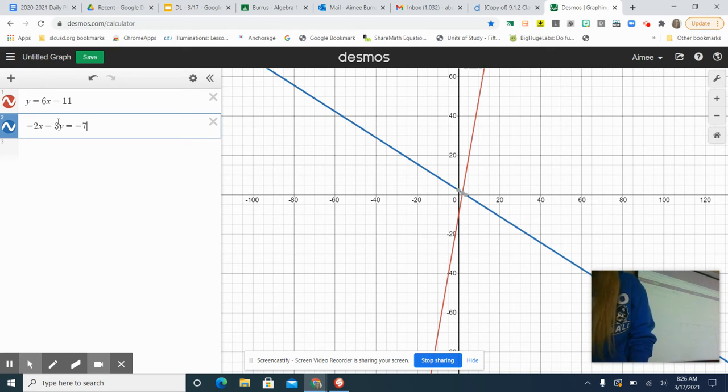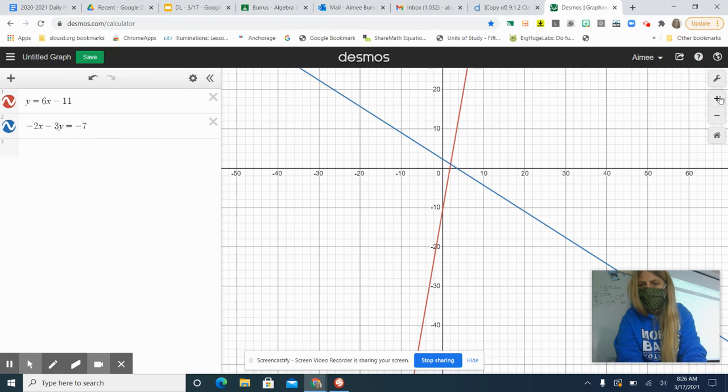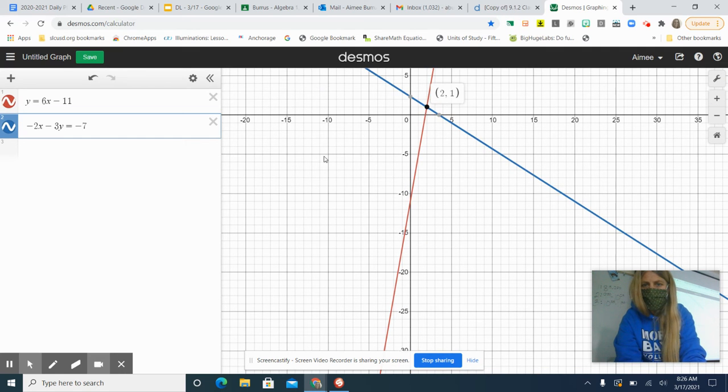And we have negative 2x minus 3y is equal to negative 7. And as you can see, when I click on where they intersect, you can see that they intersect at the ordered pair (2, 1). Okay, so that's our check for that. And that's what we're seeing.